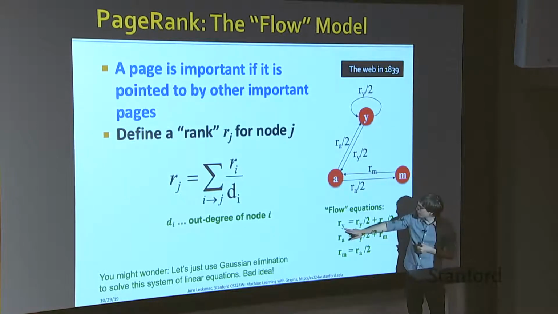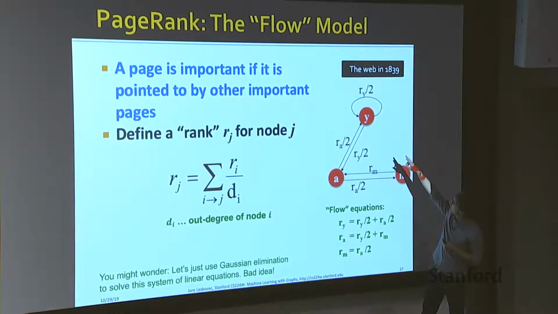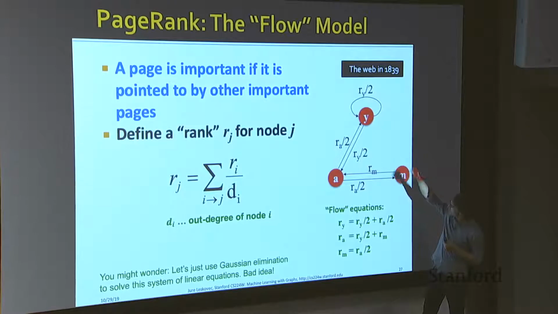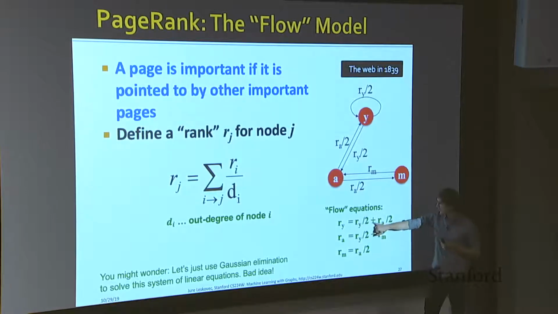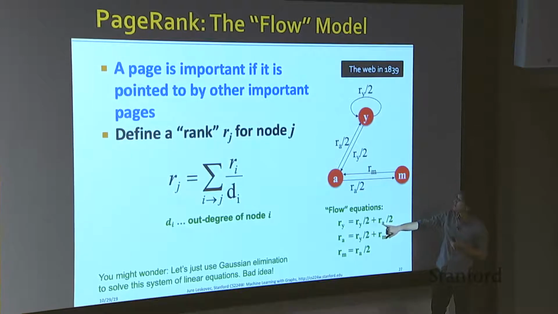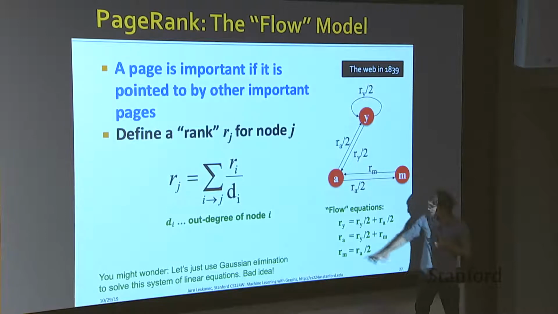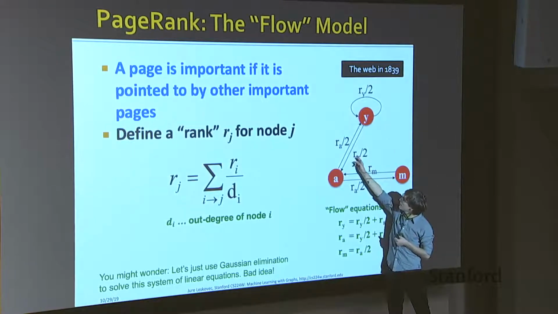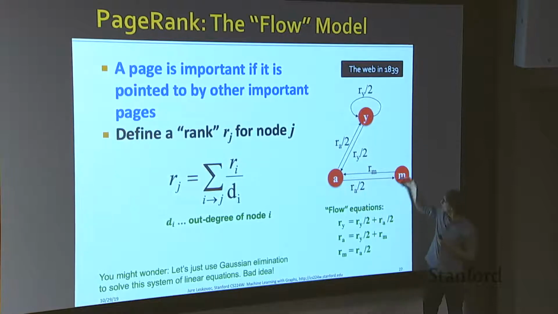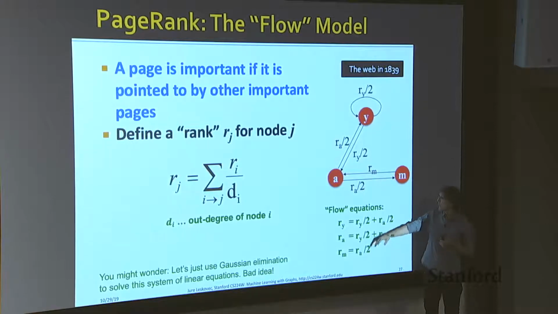The importance of y, because y has a self loop and it has 2 outgoing links, is half of its own importance plus half of the importance of node a, because node a has 2 outlinks, right? And for example, node a's importance is half of the importance of y coming this way, and then also all the importance of m, because m has only 1 outlink. And then what is the importance of m?